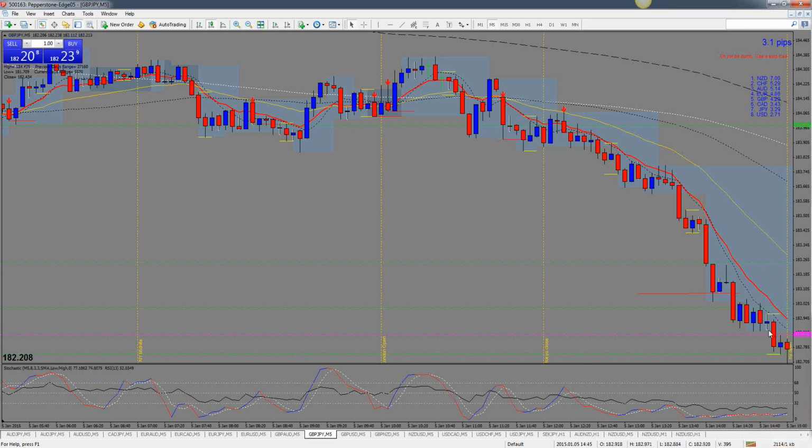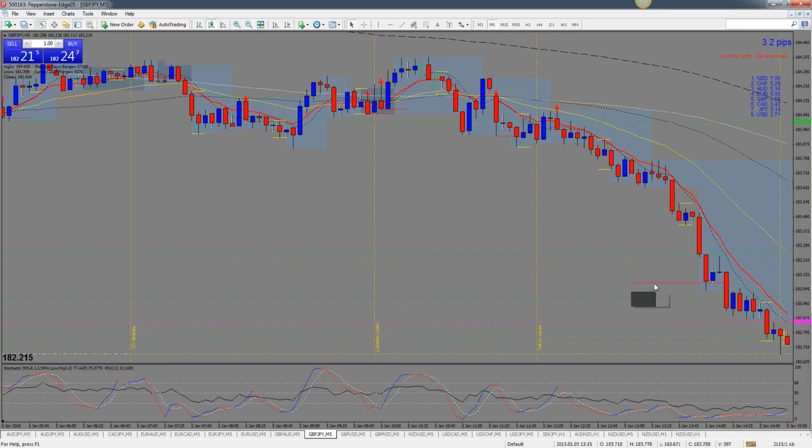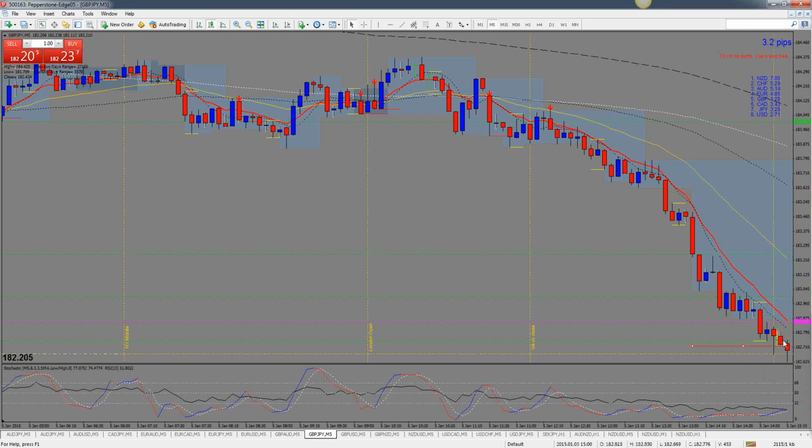All right, I have another inside bar right here. So I'm looking for a break of that inside bar. I have a break of that inside bar. I'm in the trade. Right there. I'm out of the trade already. I'm in it and I'm out of it on the same candle.